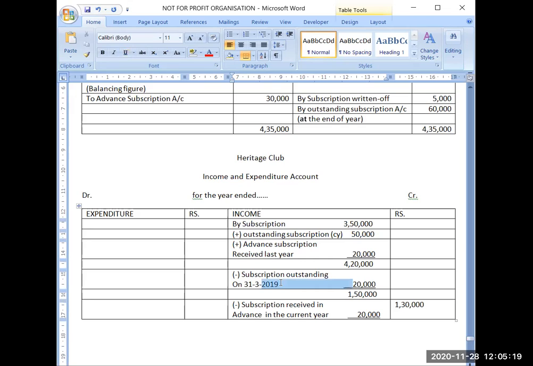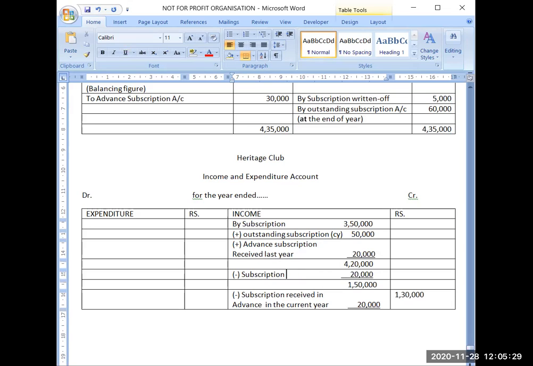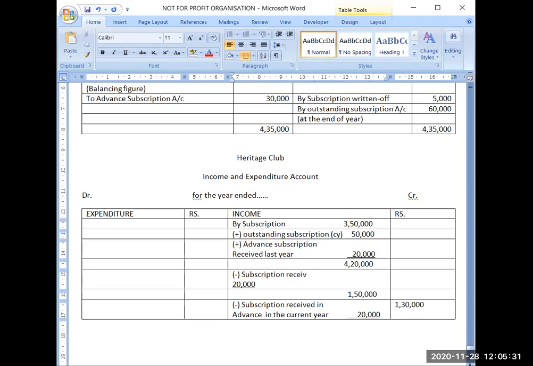So you can write it here, subscription received for 2018-19.